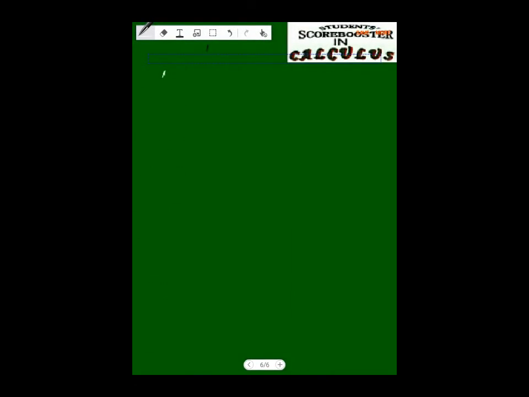Let me just give one more example to make things clear, and then give you some exercises to work with. This is an example from JAMB 1992.